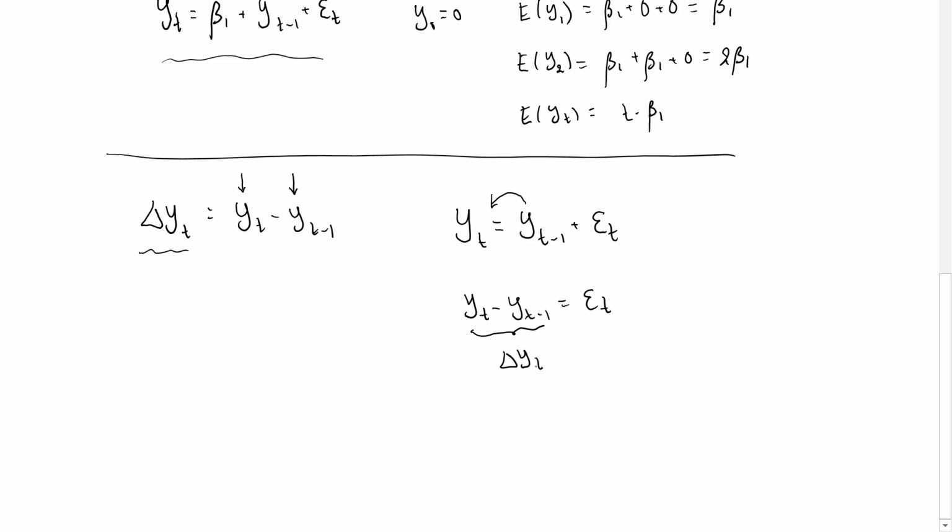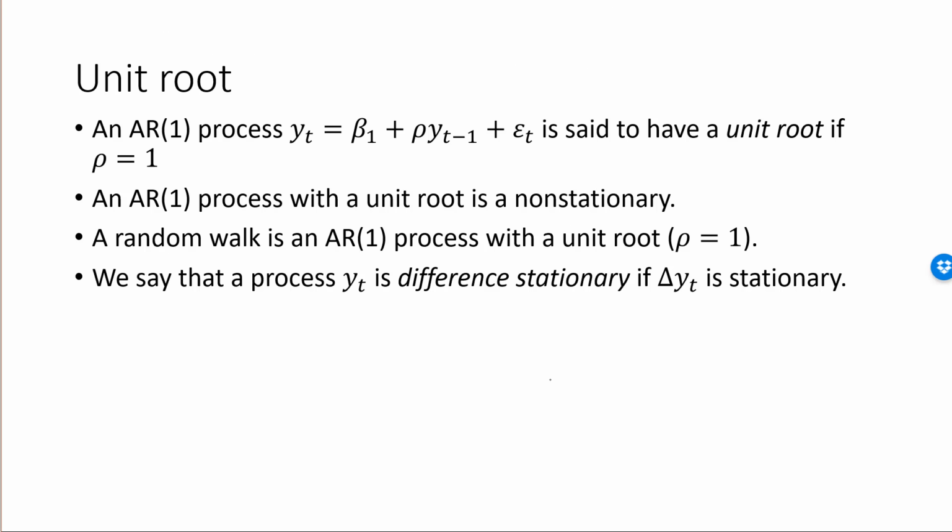And this is precisely the delta yt. So we have delta yt is equal to the error term. The change in yt is the error term. And since this is white noise, delta yt is stationary. So from this we can conclude that a random walk is difference stationary. It's not stationary, but it is difference stationary.